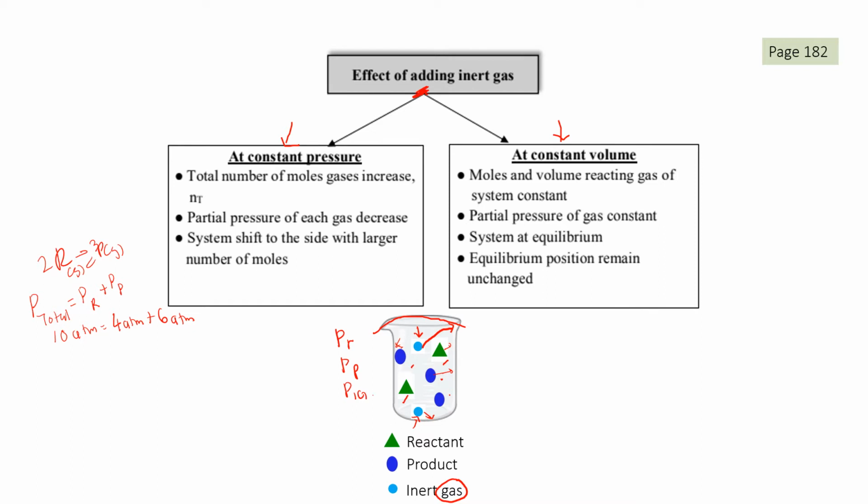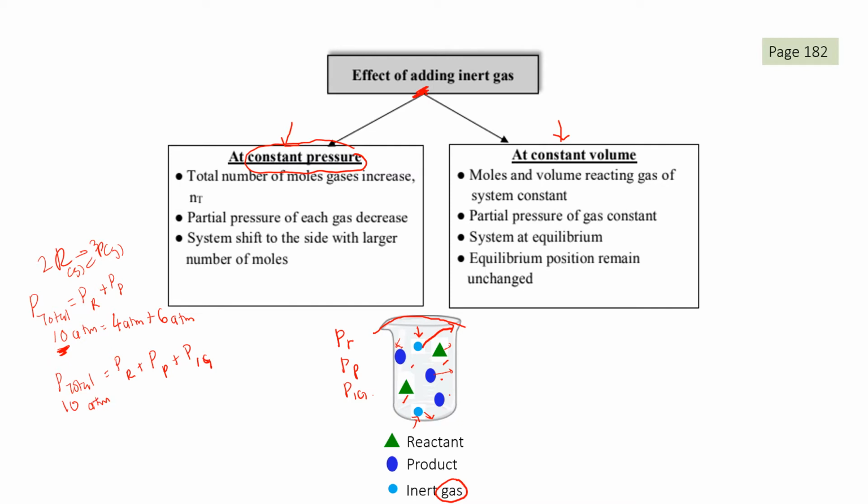Kalau dalam kes yang pertama, dia nak constant pressure, maksudnya P total kita nak remain sebagai 10. Possible ataupun tak untuk P reactant plus P product plus P inert gas untuk remain sebagai 10 atm?